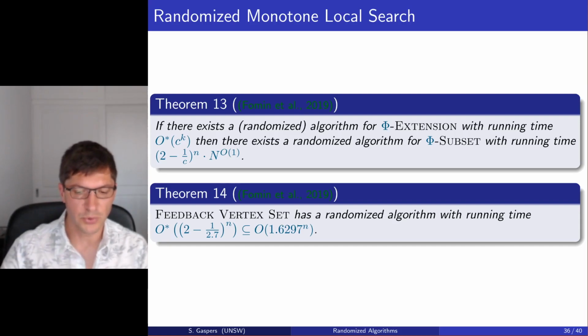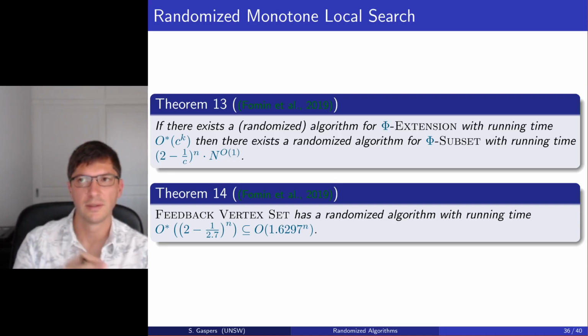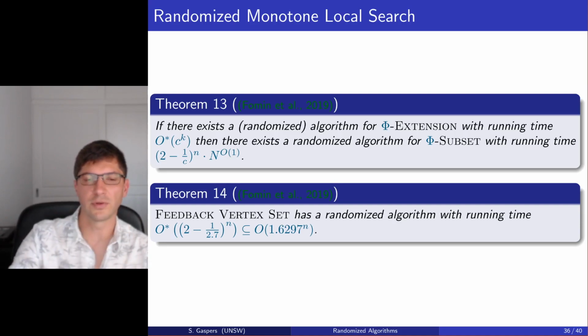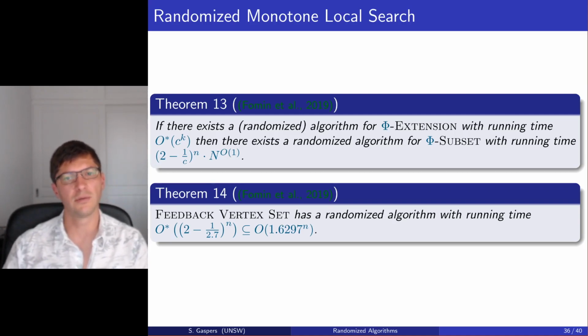But for those pre-selected vertices, you can just remove these vertices from the graph. If we remove these vertices from the graph, and for the resulting graph we just look for a feedback vertex set of size k, then we solve this extension problem. So basically the extension problem is more or less the same as the feedback vertex set problem.